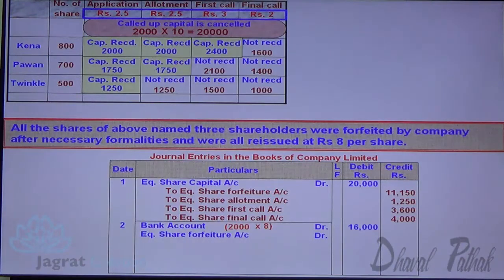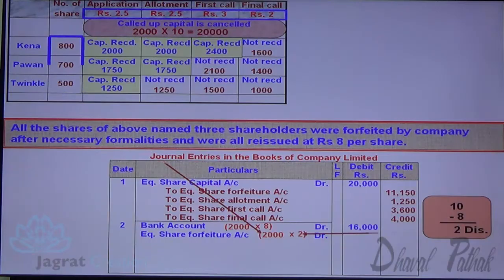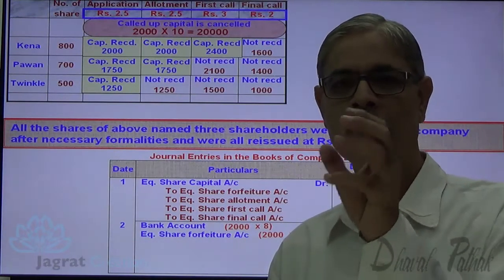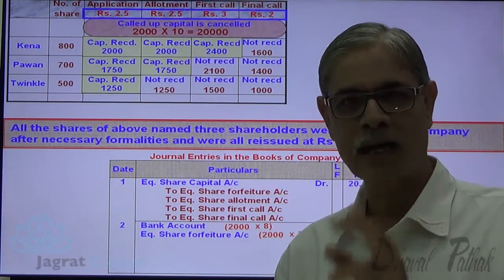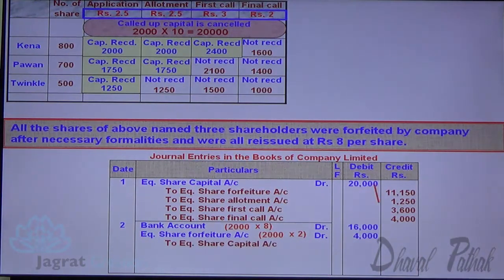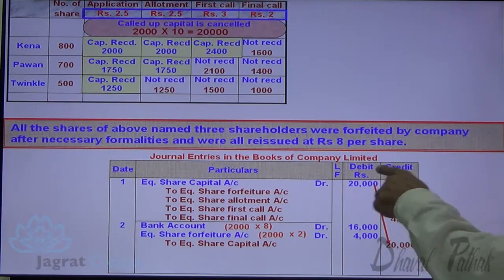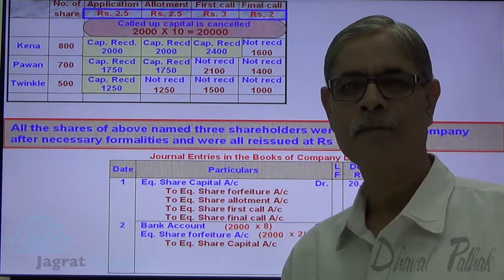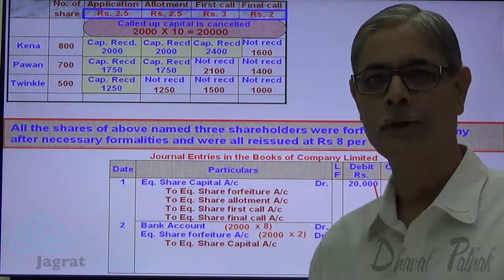That will be paid out of share forfeiture income. So share forfeiture account is debited 2,000 into 2, 4,000. Share forfeiture account debit 4,000. So this is the reissue discount granted from forfeiture income. To equity share capital account credit 20,000. The called up capital that was cancelled, now it's credited because all the shares forfeited have been reissued.